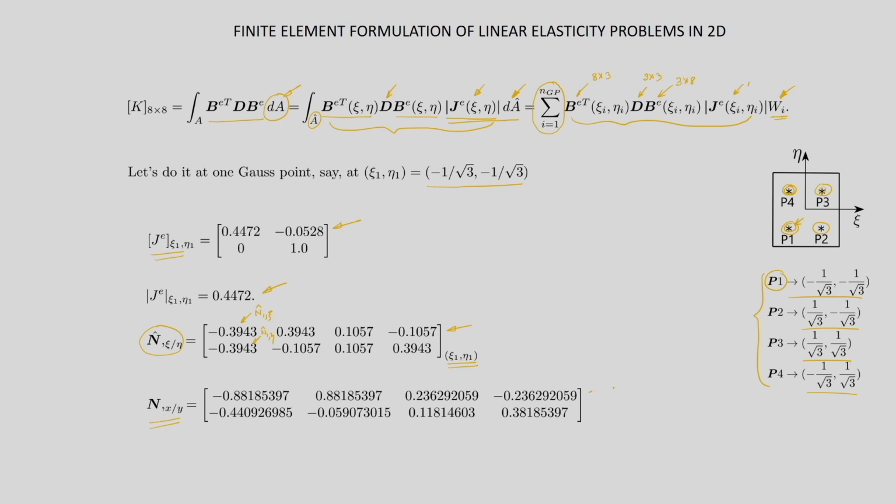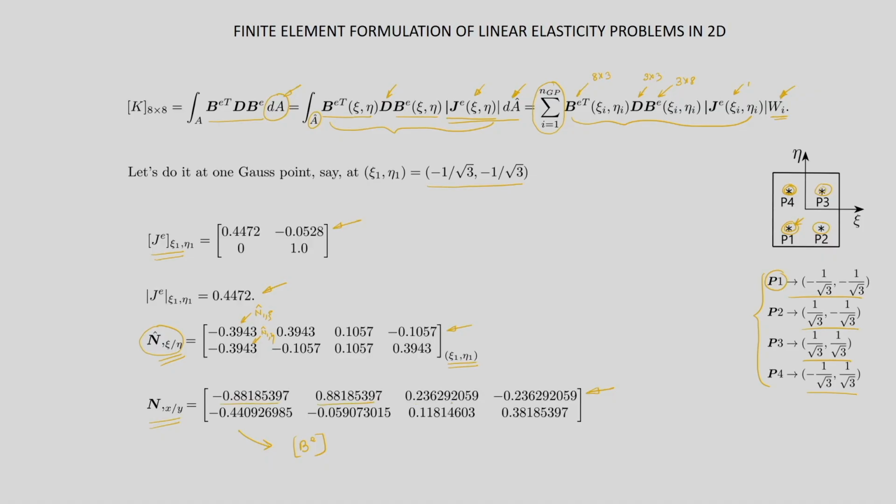All these are calculated at a particular Gauss point, and this has to be repeated at all 4 Gauss points, and then we sum them up. Once I get this N, the corresponding B of that form we have to rewrite. So, these values we have to enter into this B, corresponding to this xi 1 eta 1 term.